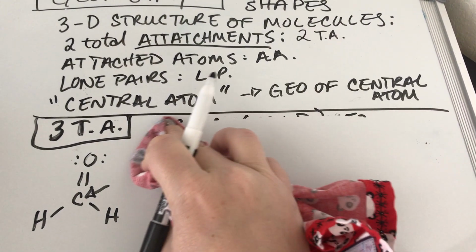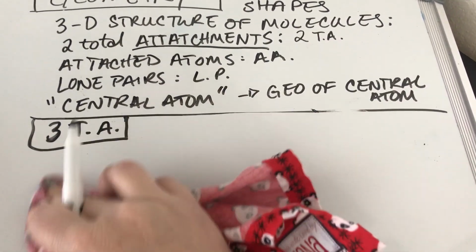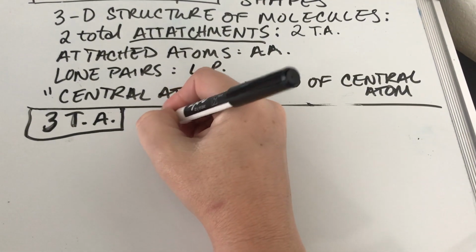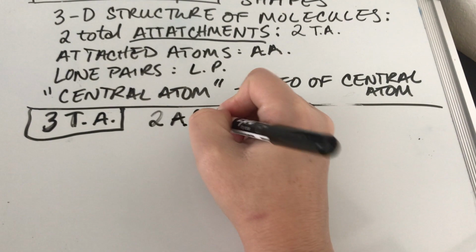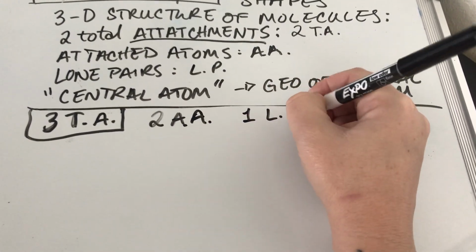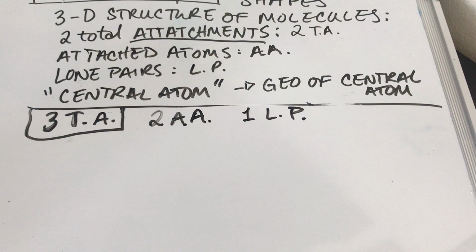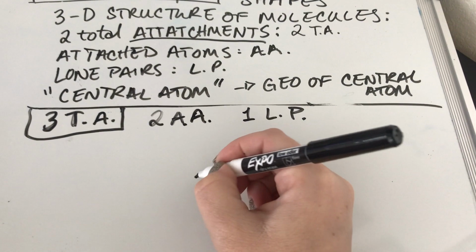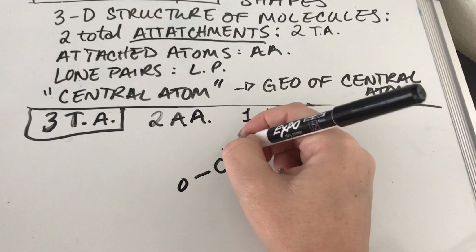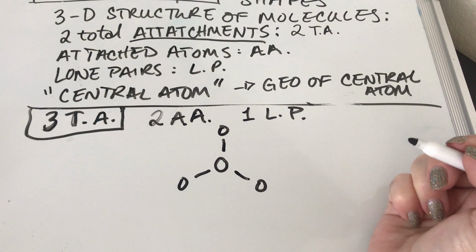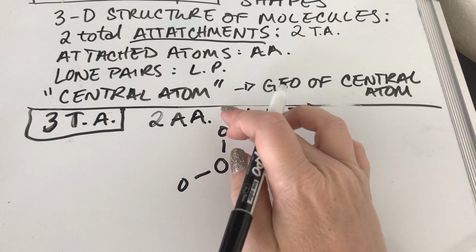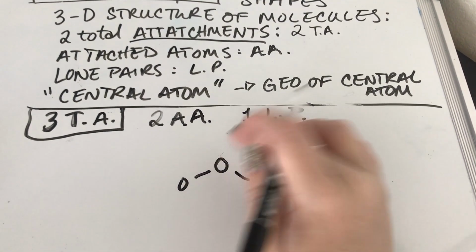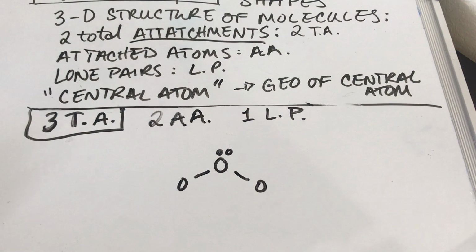So, next up, we want to talk about 3 total attachments, but now we're talking about 2 attached atoms and 1 lone pair. Here's what this looks like. We have this same trigonal planar structure that we're starting off with, only instead of having an attached atom up here, we have a lone pair.